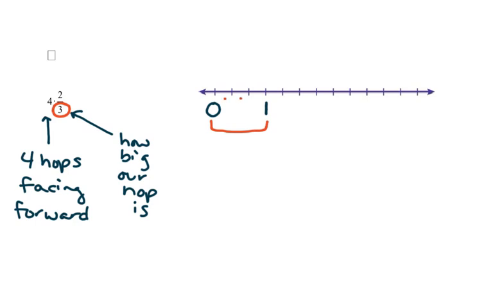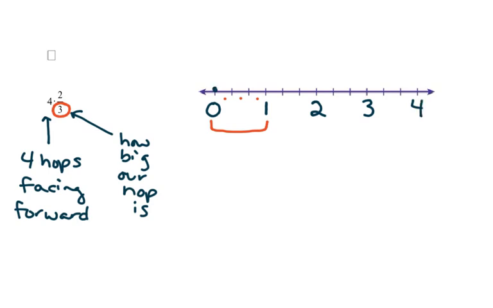There are 3 sections in here, and our denominator indicates how many sections our full hop will be divided into. Then I'm going to move over 3 more to give our second whole number, then 3 more for our third whole number, and then 3 more for our fourth whole number.